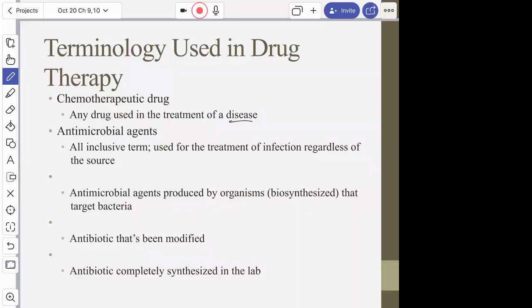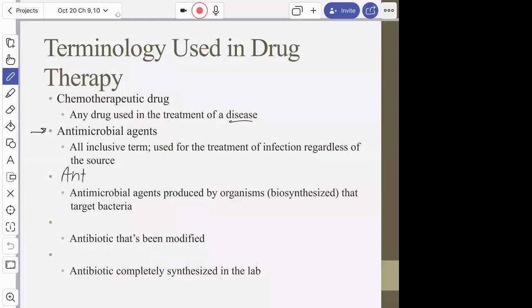And then an antimicrobial agent is kind of an umbrella term for a drug used against any infectious agent. So it could be a drug to treat a protozoa infection or a viral infection.